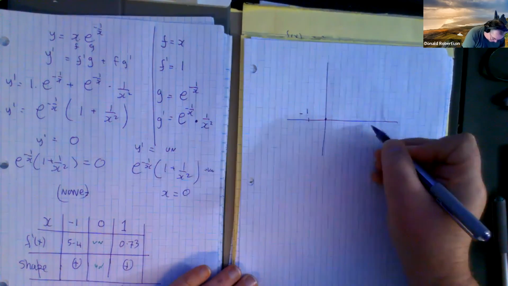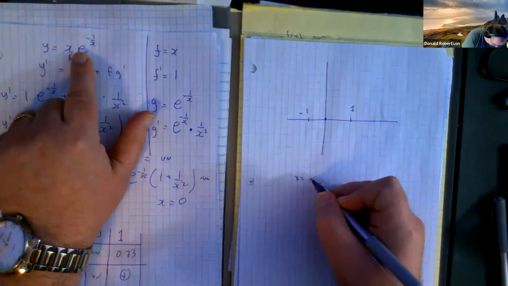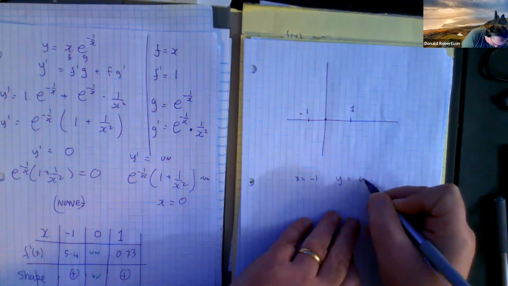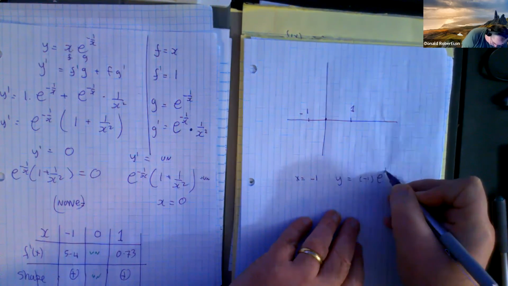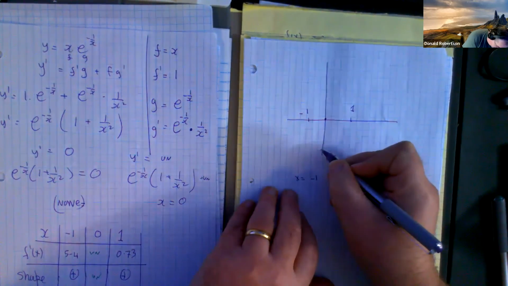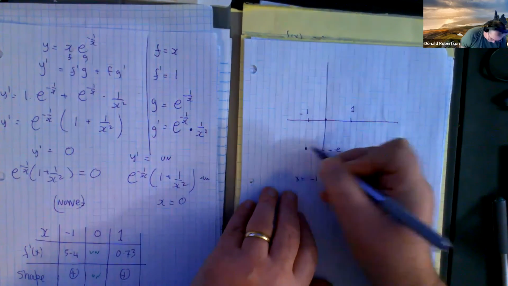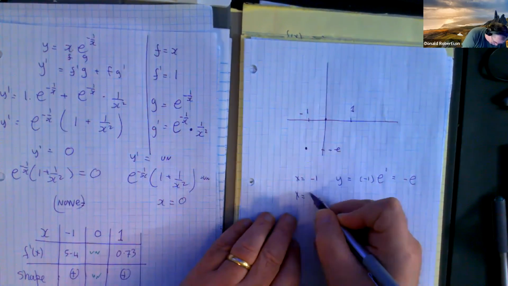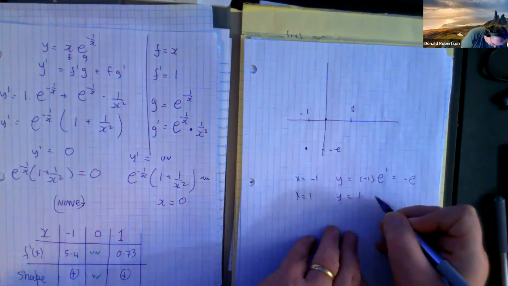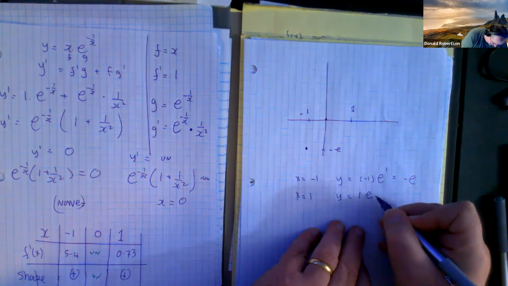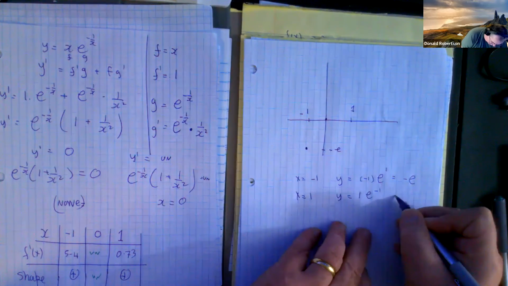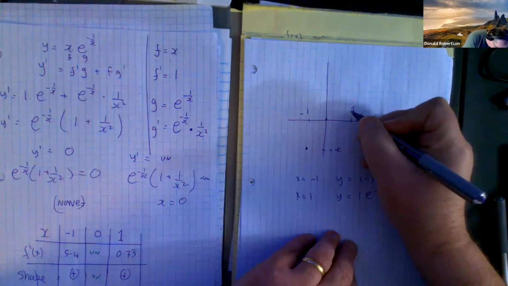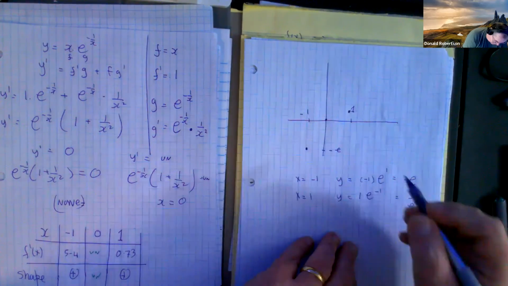And so I'm going to take my guy negative 1 and my guy 1, and I'm going to find the value of the function at each of these points. So at x equals negative 1, the function is negative 1 e to the power of 1, which is negative e, which puts it down here somewhere. And the value of the function at 1 is 1 times e to the power of negative 1, which is basically 1 over e, which is kind of about there.